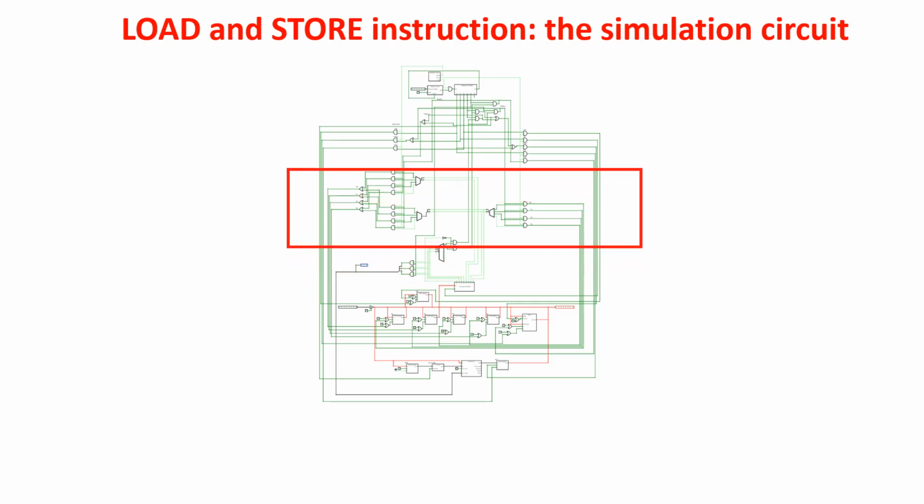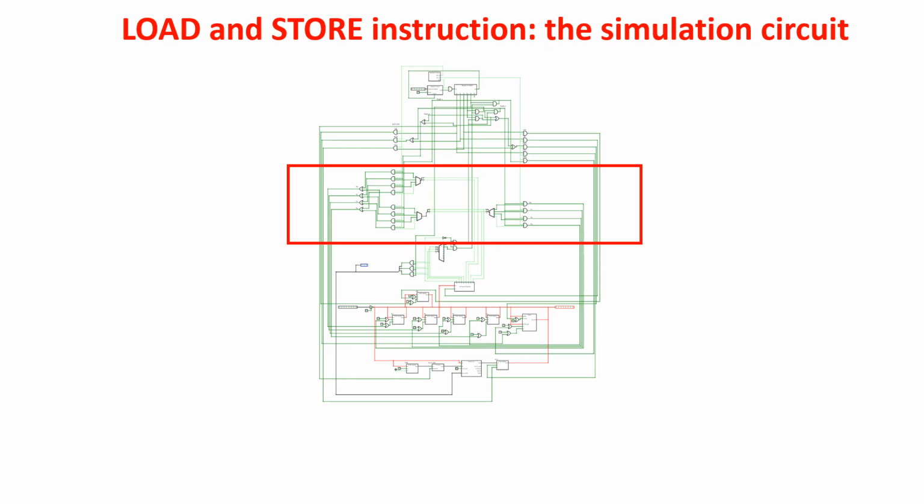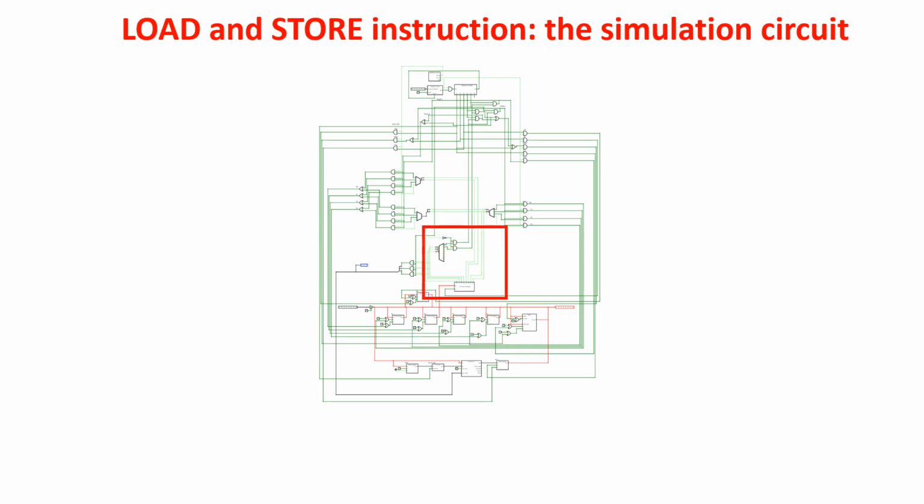Here the logic to give the set and enable pulses to the four registers from R0 to R3. Here we have the instruction register and the logic to control the load and store instructions. Here the instruction address register. Here the RAM memory. Here the ALU, and these are the four registers of the Scott CPU from R0 to R3.